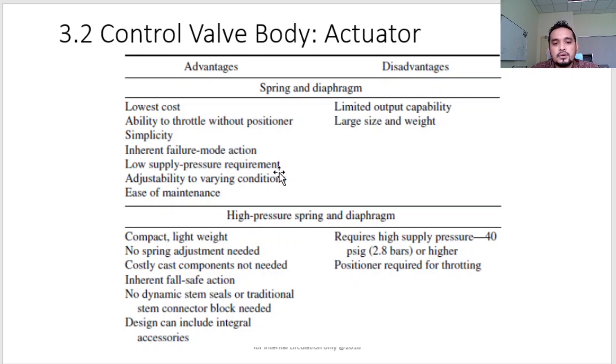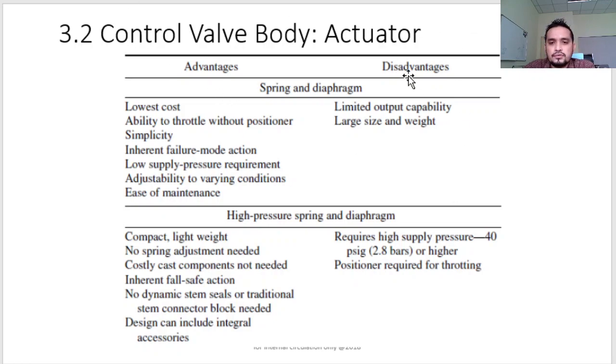Since we are talking about the spring, we don't really need the high pressure gas or pneumatic requirement. When you talk about heavy duty equipment, that may need pneumatic or hydraulic for heavy duty work. Easy for maintenance: since it just involves the spring and the diaphragm, it doesn't really require much calibration, unlike a motor, which requires you to grease here and there, the gear and so on.